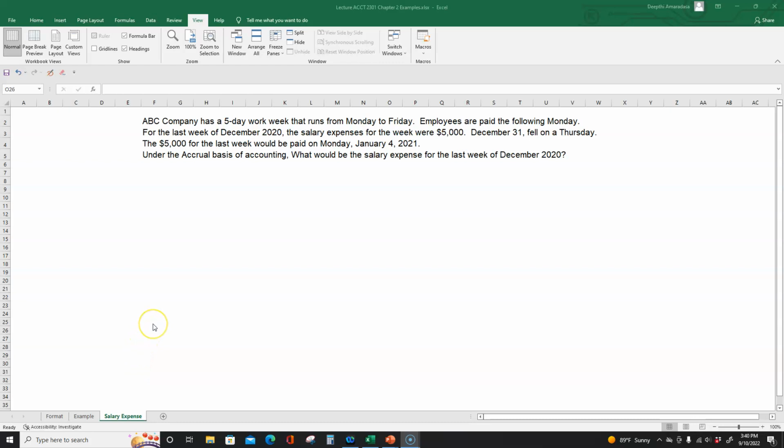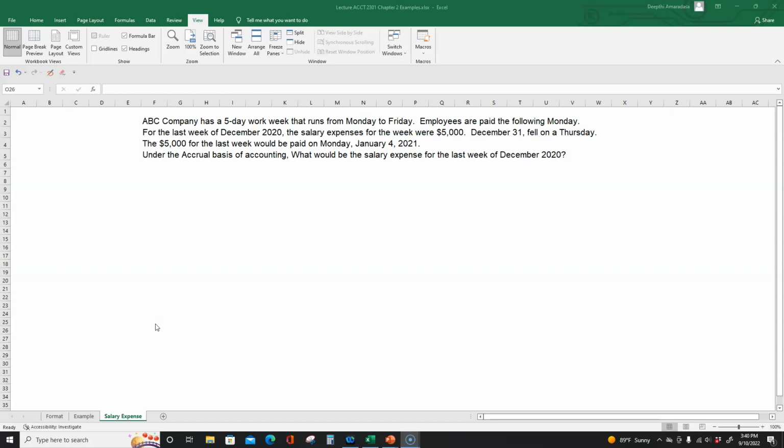The question says, ABC company has a 5-day work week that runs from Monday to Friday. Employees are paid the following Monday. For the last week of December 2020, the salary expenses for the week were $5,000. December 31st fell on a Thursday.